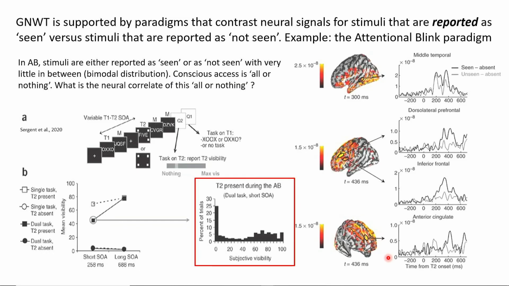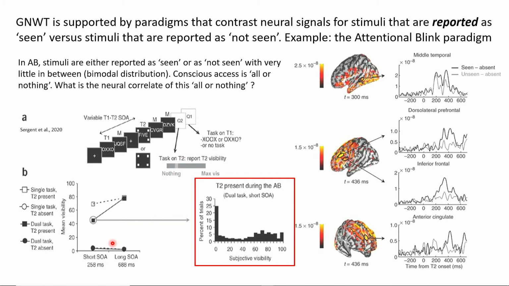What they also do a bit differently, I think, is that to find these kinds of findings they contrast stimuli that are reported as seen versus stimuli that are reported as not seen. A good example would be attentional blink paradigms.